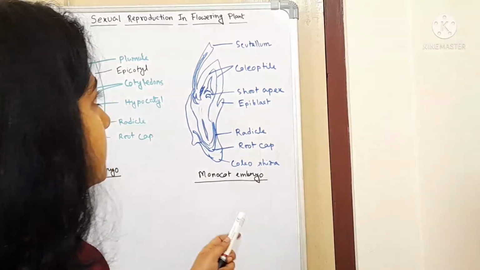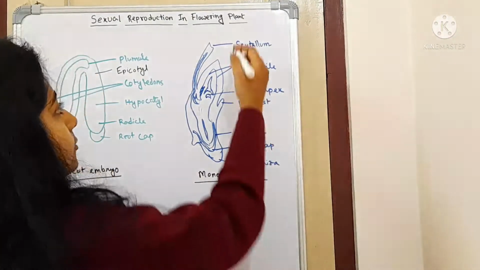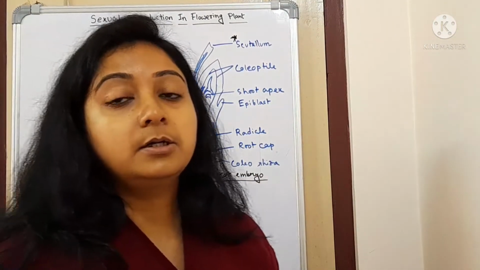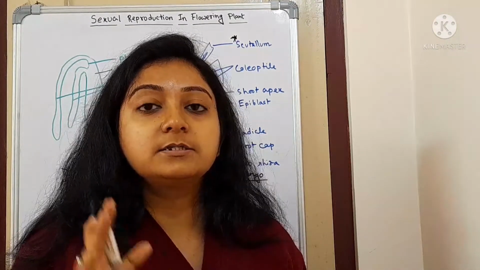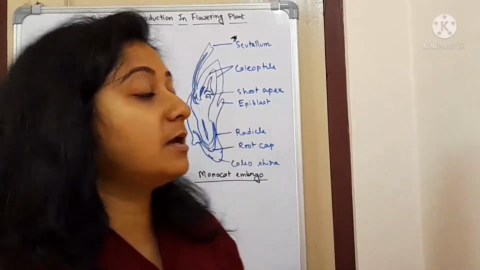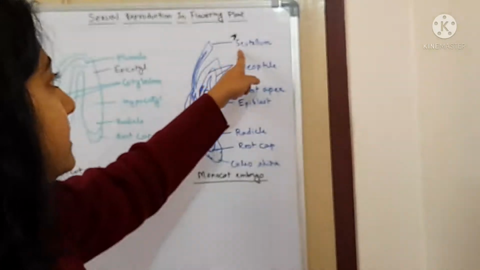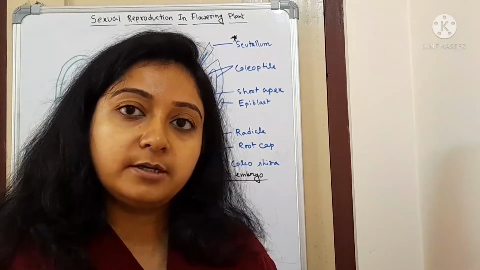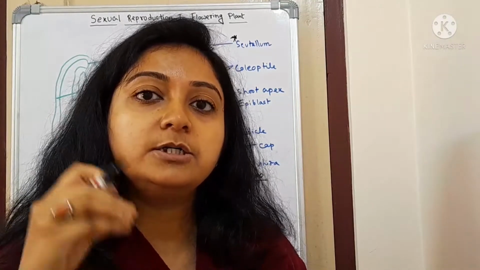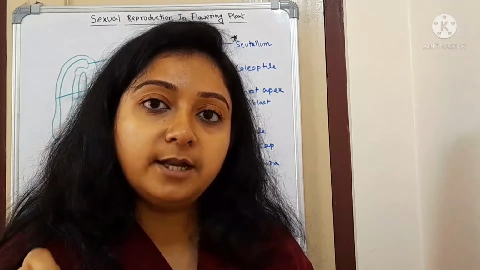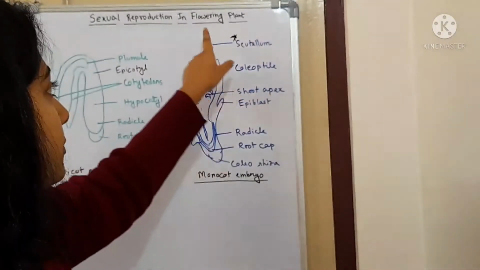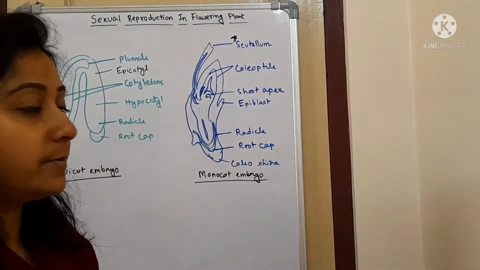In case of the monocot embryo, there is only one cotyledon. A special name is given to that, that is scutellum. What is the name of the monocot cotyledon? Scutellum. So scutellum is the name of the cotyledon of the monocot embryo.